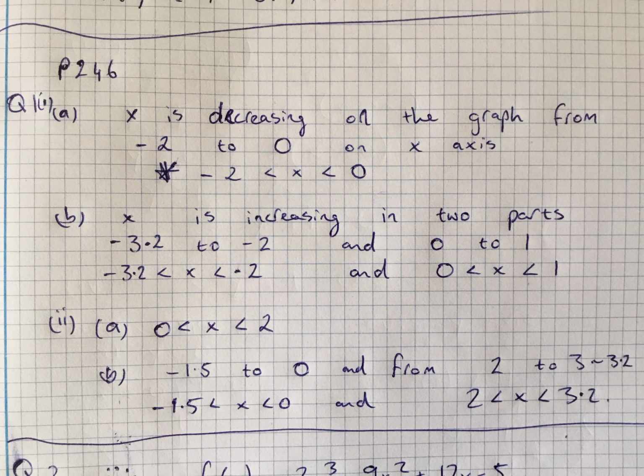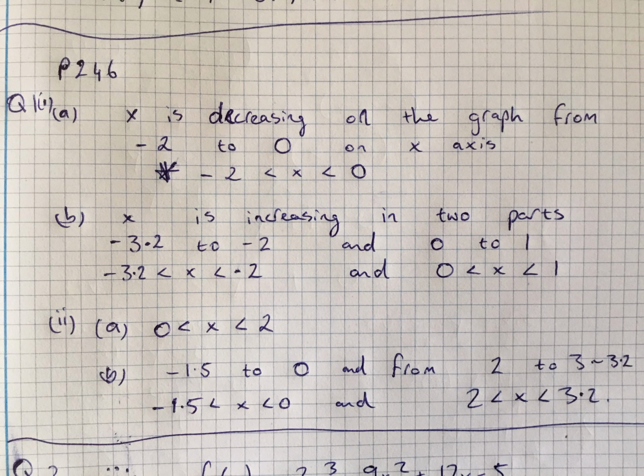So we are saying that it is decreasing between -2 and 0, because x is in between those two values. That's the way to write your answer in those instances.